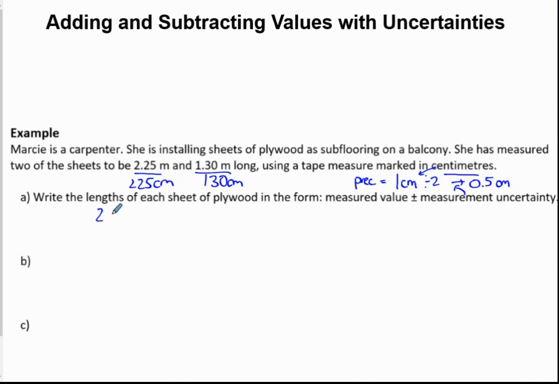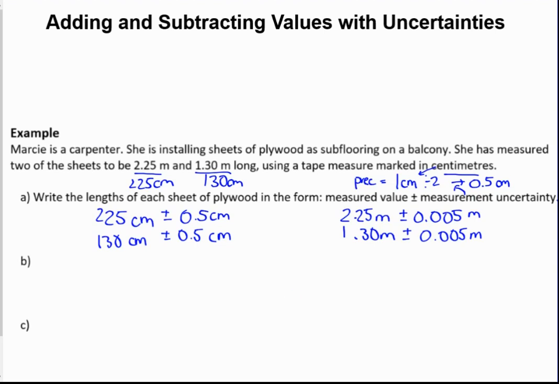So my two sheets will be 225 centimeters plus or minus half a centimeter. And same thing here: 130 centimeters plus or minus, and since I'm using the same measuring device, same uncertainty, right? I could also have done it in meters, but it looks a lot messier and it's hard to see that this is half of a centimeter, whereas this is a little bit easier for our minds to deal with. But it honestly doesn't matter which one you choose.